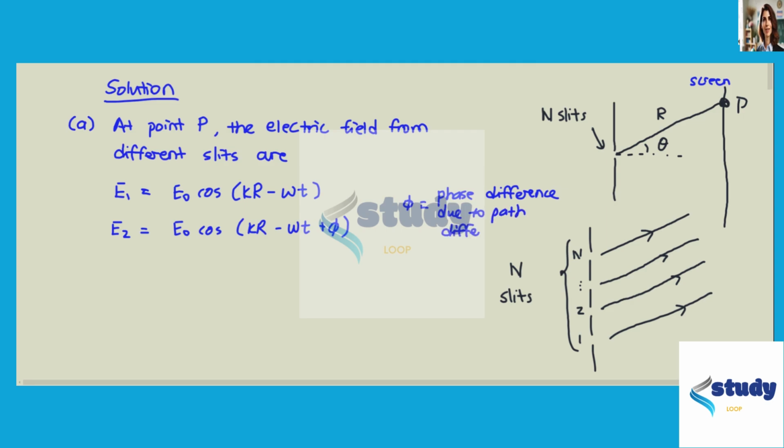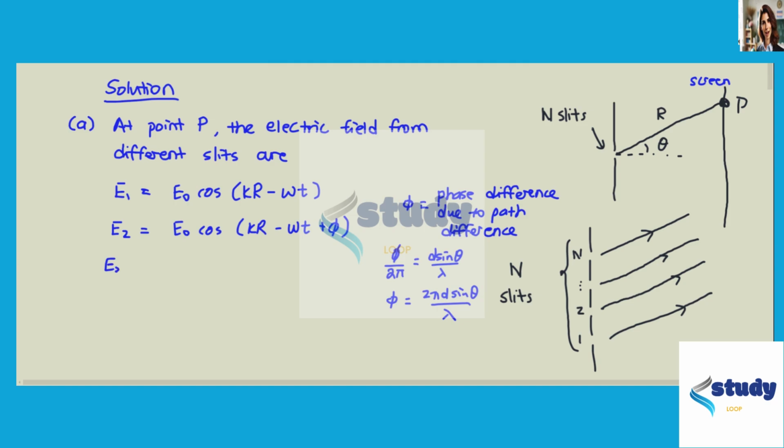We have the relationship phi over 2 pi equals d sine theta over lambda, so phi is equal to 2 pi d sine theta over lambda. This is our phase difference.